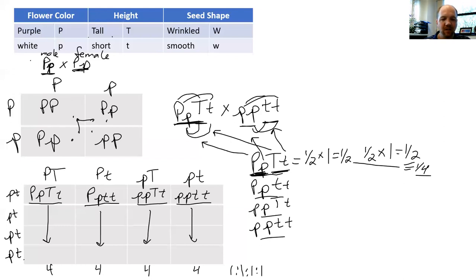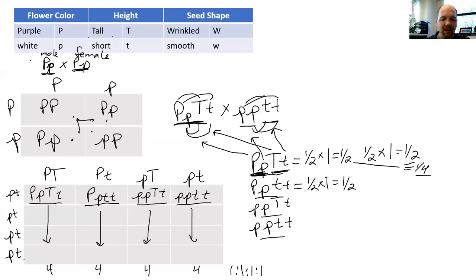So the same thing over here. We have big P, small p. What's the probability of getting a big P and a small p from these parents? We know the one parent can give a big P half of the time. The other parent is going to give a small p all of the time. That's going to be 1/2.